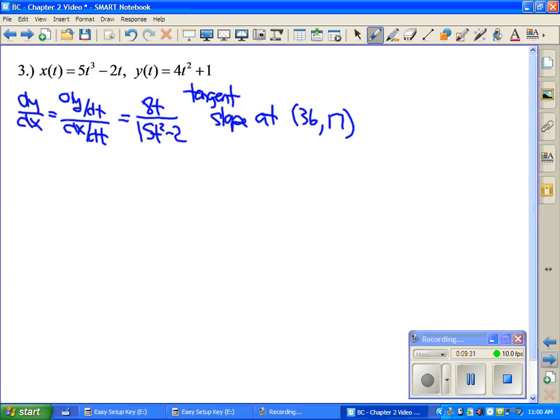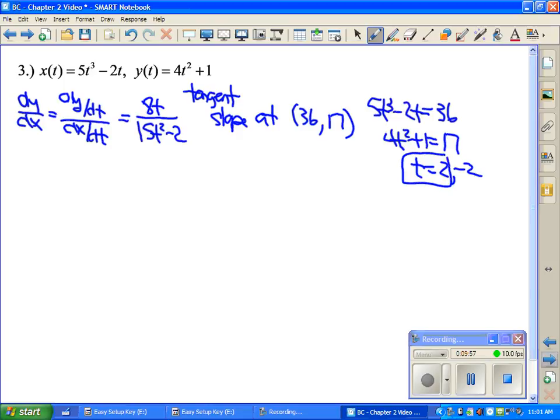So you would say something like, okay, I need 5t cubed minus 2t to equal 36. I need 4t squared plus 1 to equal 17. So if we solve the second one, which is a little bit easier, you get 4t squared equals 16, t squared equals 4, so t equals 2 or negative 2. Figure out which one works in the first equation, and it turns out to be t equals 2.